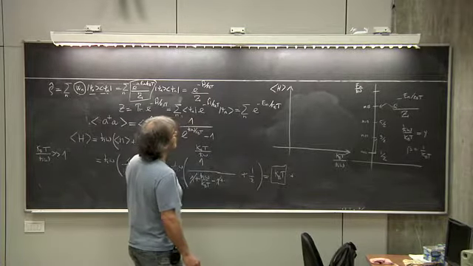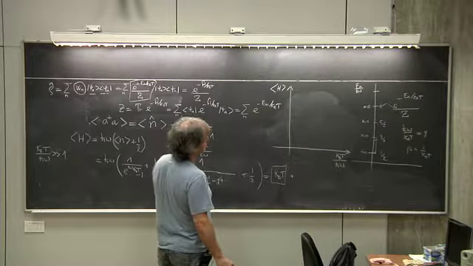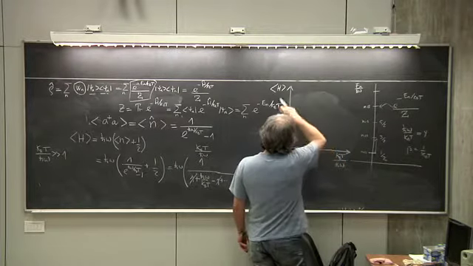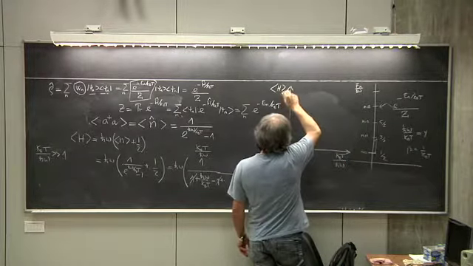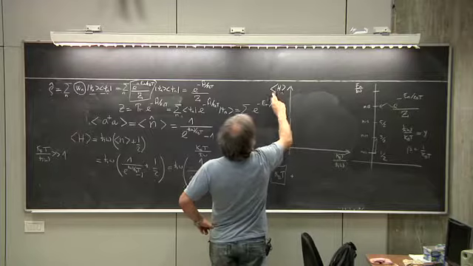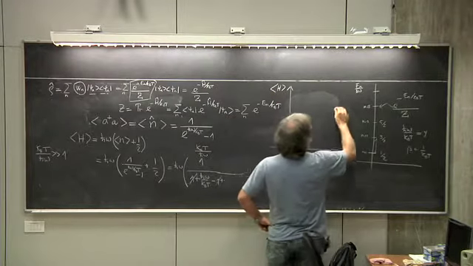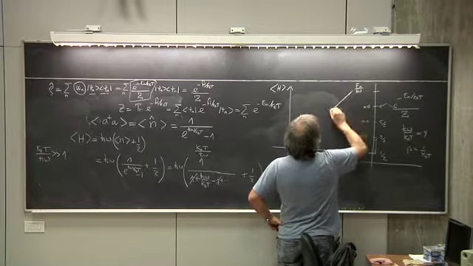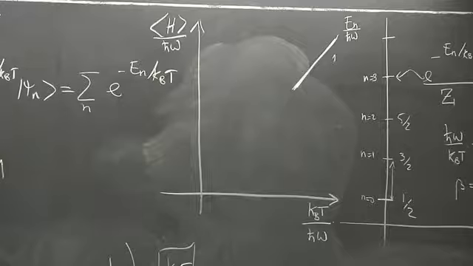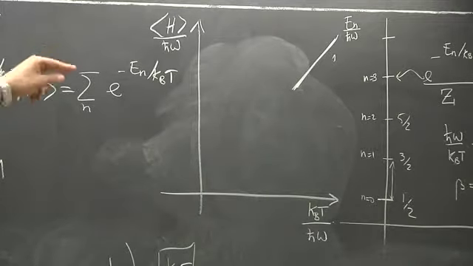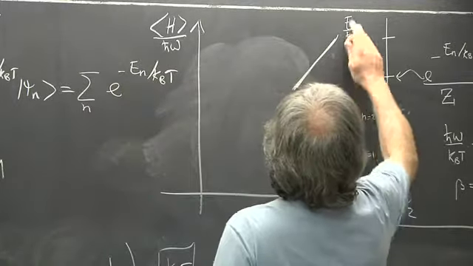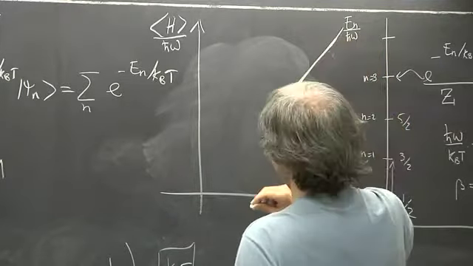So you see that for very large temperature, let's divide everything by h bar omega, this goes like kBT, a thing of slope 1. I divide by h bar omega, so it goes like the variable, right? So this is the large temperature limit, slope 1.